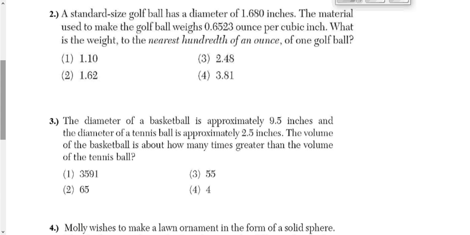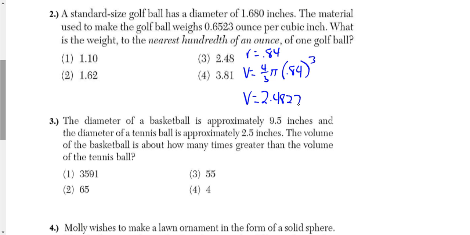Somehow I wrote 8.4 in my notes. But anyway, the radius is 0.84. So our volume, and it's a golf ball, so it's a full sphere, is 4/3 pi times 0.84 cubed. And that should be 2.4827.